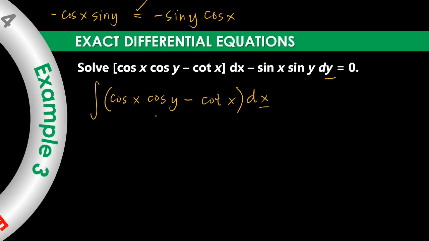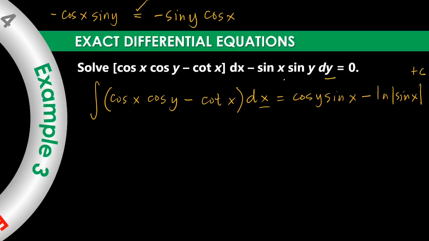That is why we will treat cosine y as a constant. So, magiging cosine of y. Pag in-integrate natin ang cosine x, ang sagot ay positive sine of x. And then, what is the integral of cotangent x? That's ln of sine x. Ayan. So, dito ko na lang ilagay sa taas yung plus c.